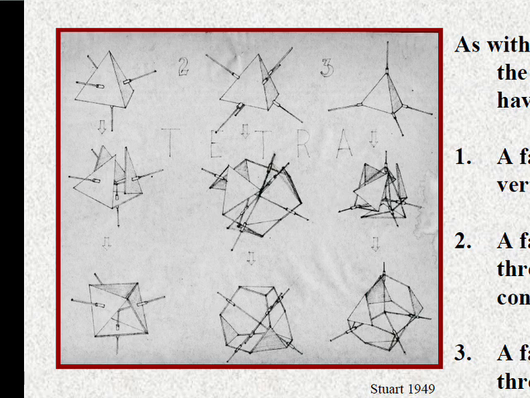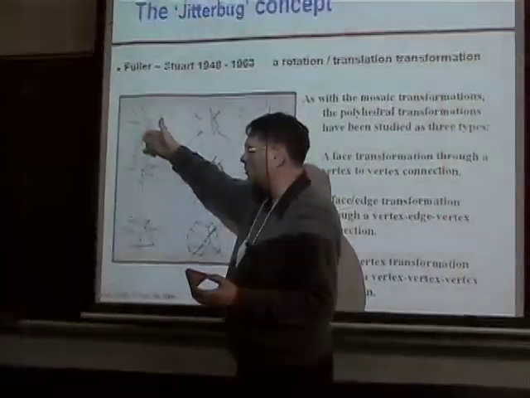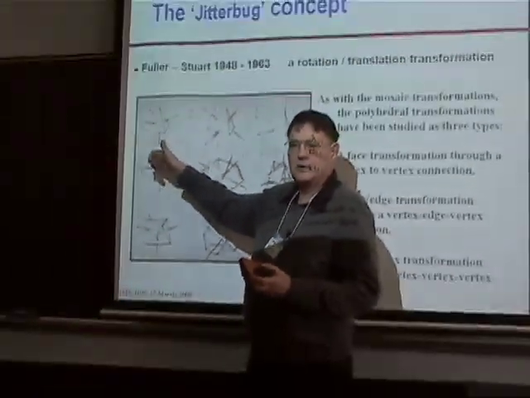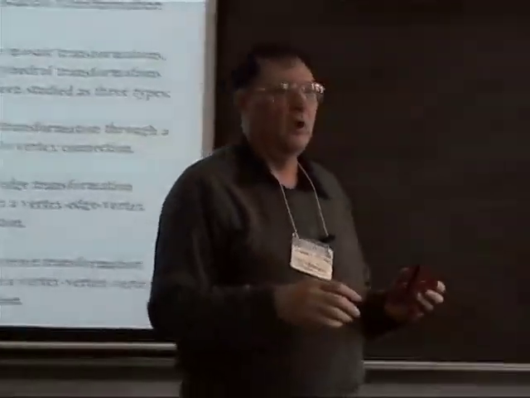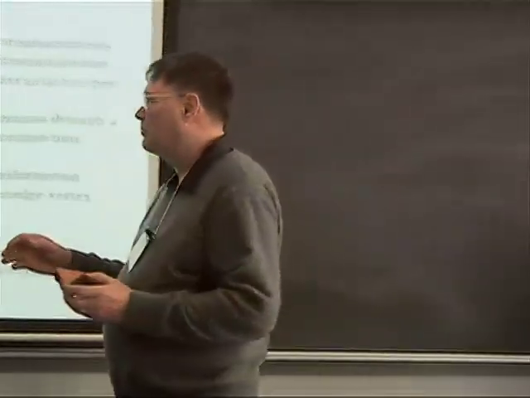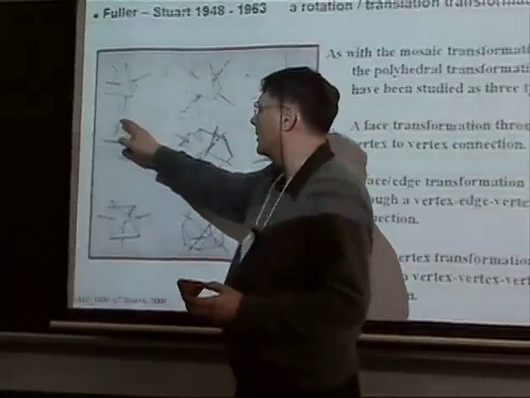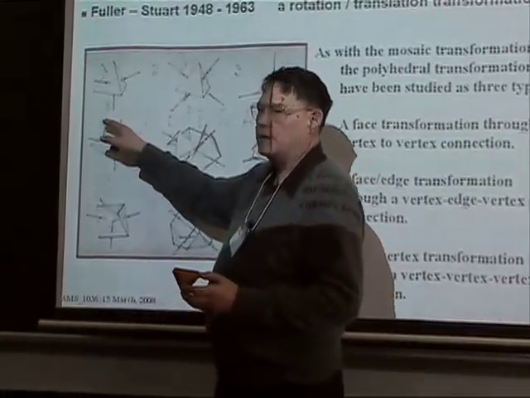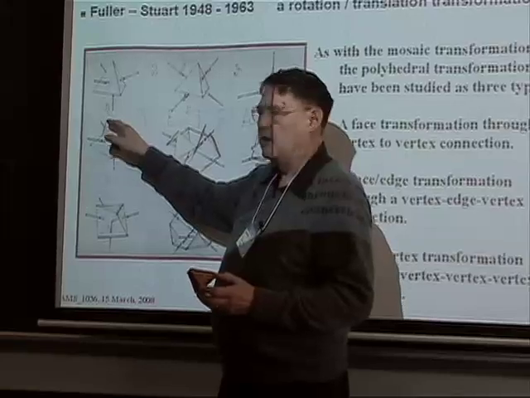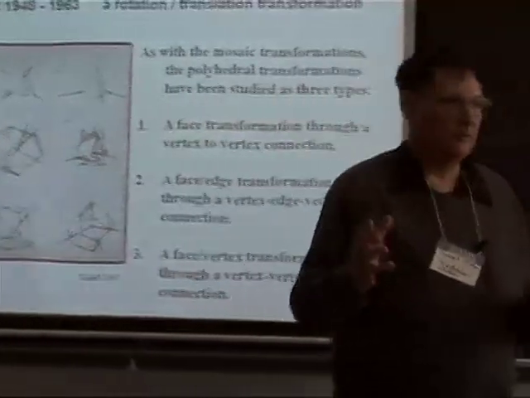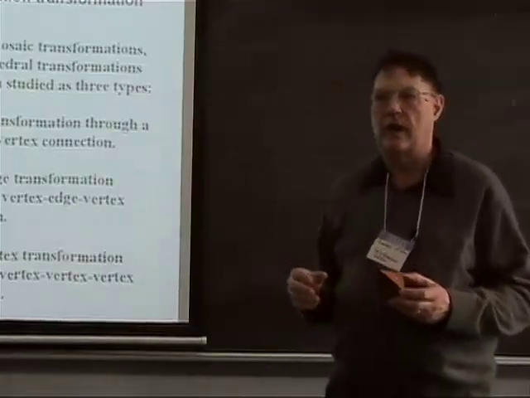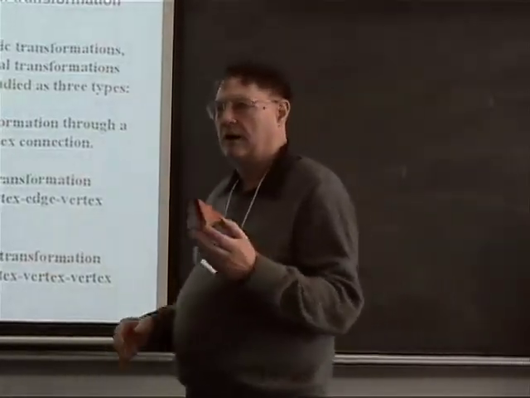What I added to the fact is, if you look at Fuller's aspects of the study, they were dealing with a single face calculation on the arrangement with the polyhedra. Well, in some cases where you have an odd number coming together at a vertex, somewhere you have to have a cut. You have to open that to keep the circuit, so you don't have closed circuits in all of the polyhedra.